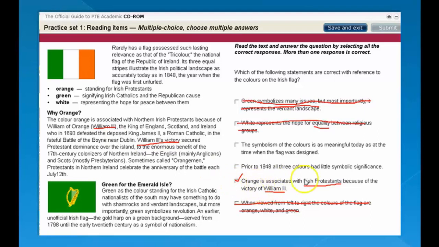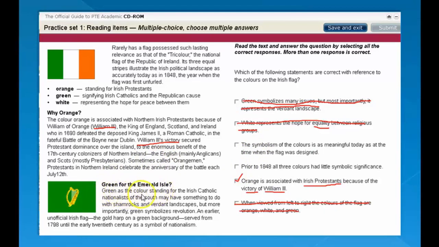Orange is associated with Irish Protestants because of the victory of William III. Prior to 1848, and the symbolism of the colors, these are still up to us. Now, continuing on, we see green for the Emerald Isle.